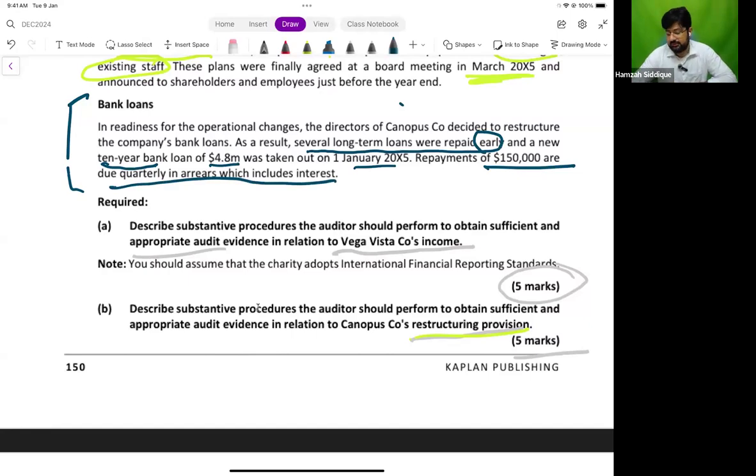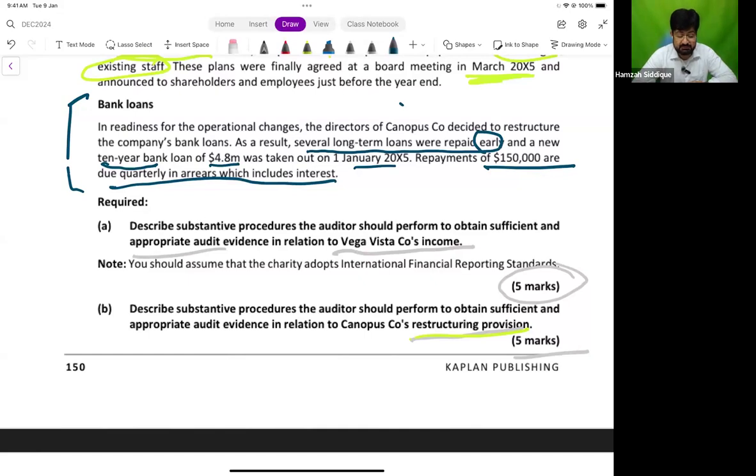Okay. Now, several loans were repaid early. Okay. Students, when you repay any loan early, sometimes you have to pay some penalty.